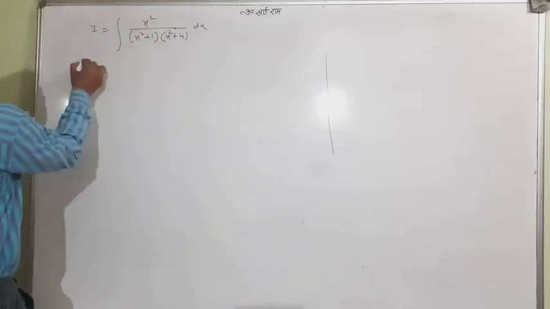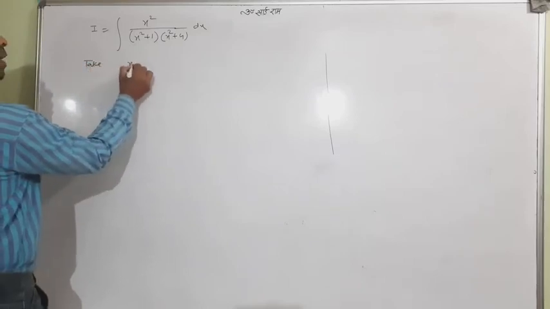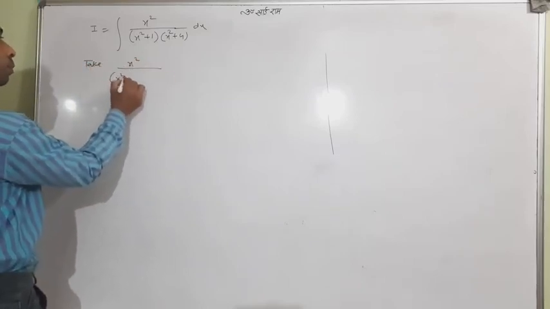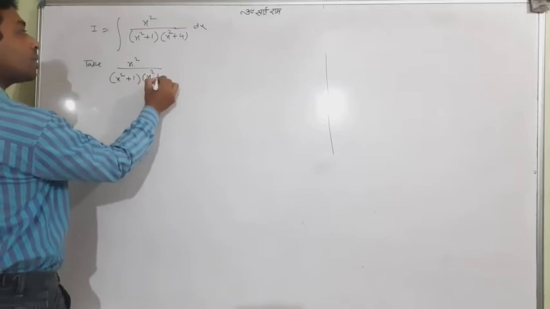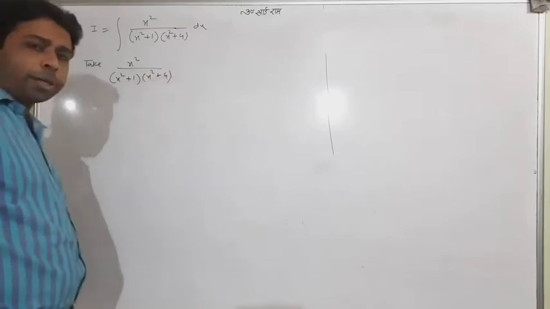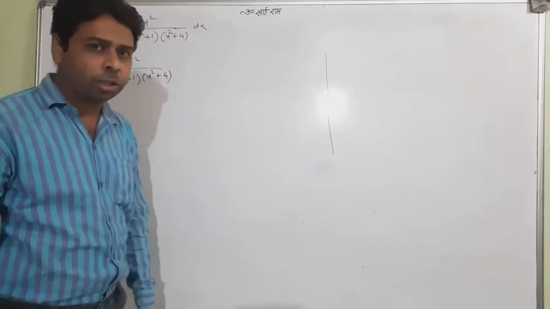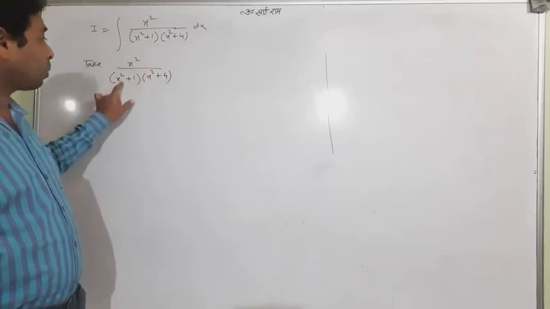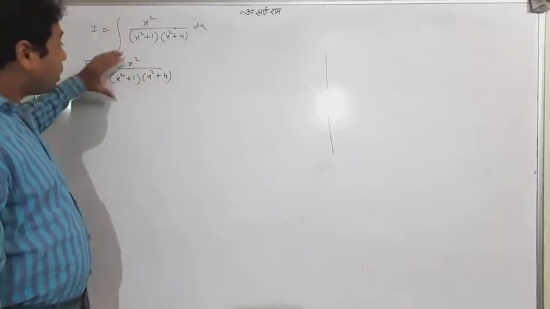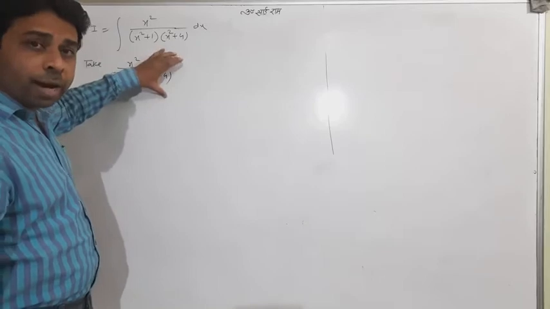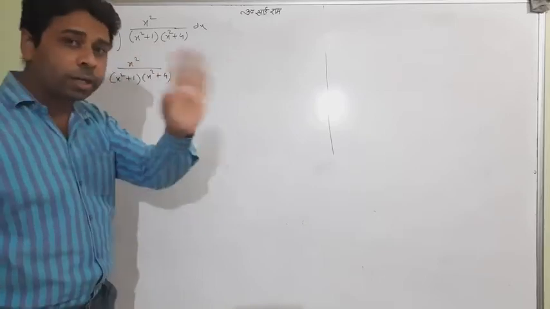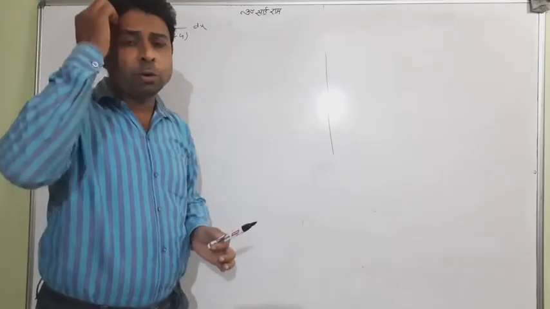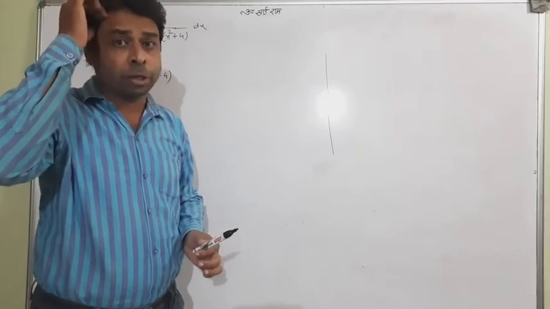So what I do now, look, take only this one. Try to understand what I am telling you. This is a part of the partial fraction, and slowly you can catch it. This is x square upon x square plus 1, x square plus 4. This is a question of partial fraction, and integration is not involved here. So whatever method I use, it's a pure method of partial fraction.